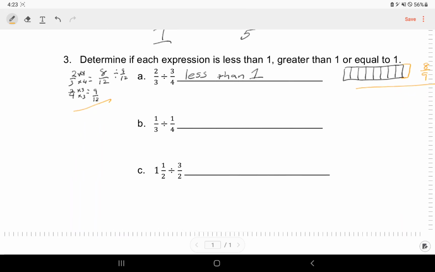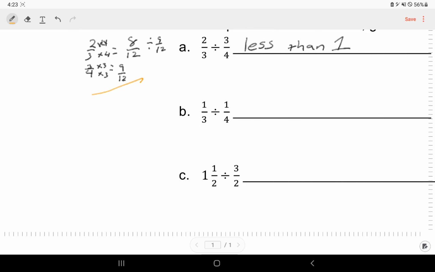Now for B. Again, 3 and 4, let's change them to 12s. So, 1 over 3 is times 4 times 4. And so that's 4 over 12. 1 over 4, that's times 3 times 3. That's 3 over 12.